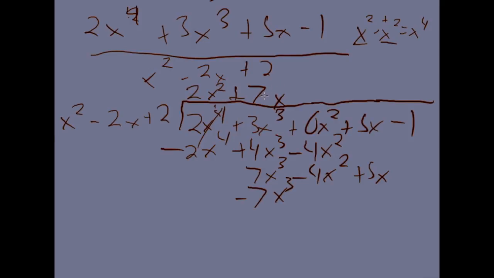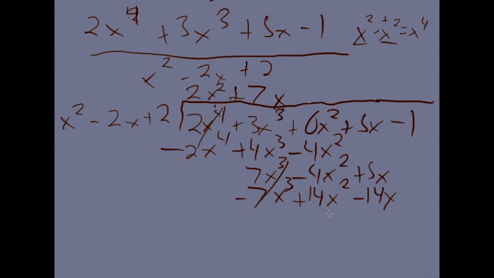And this would be 7x times negative 2x is negative 14x squared. But remember, we're going to change that sign, make it the opposite. So it's going to be plus 14x squared. And then 7x times 2 is positive 14. And so we're going to make it negative 14x.